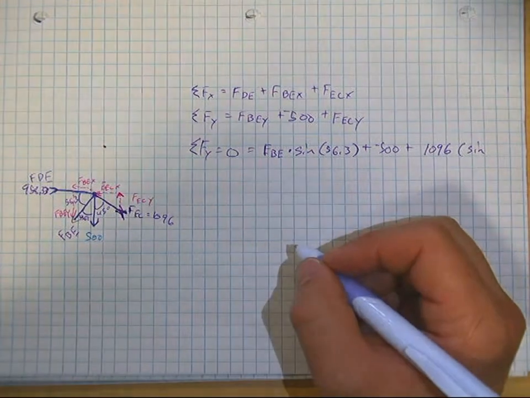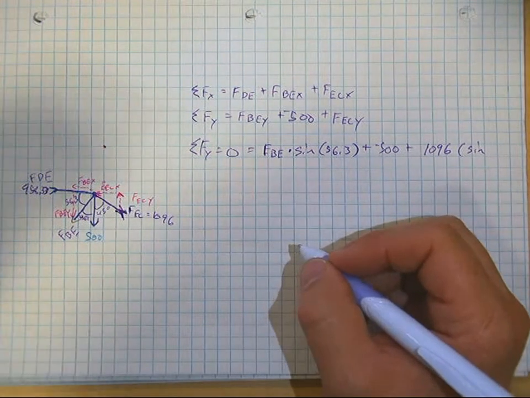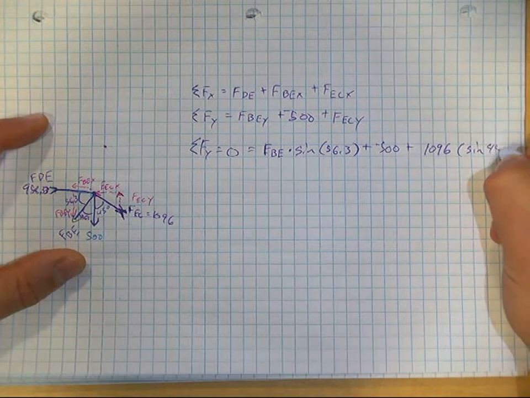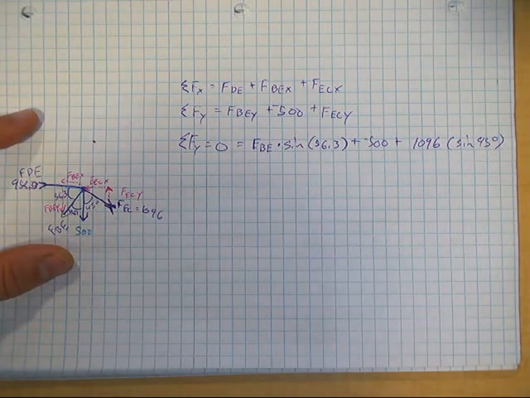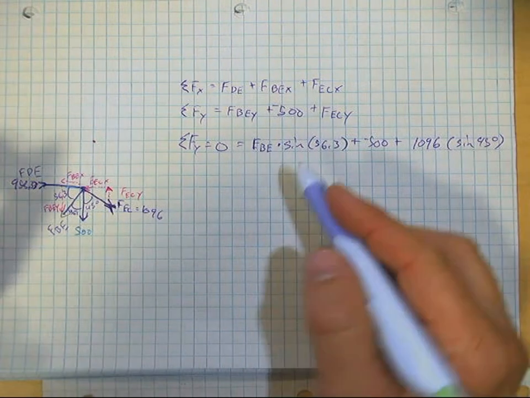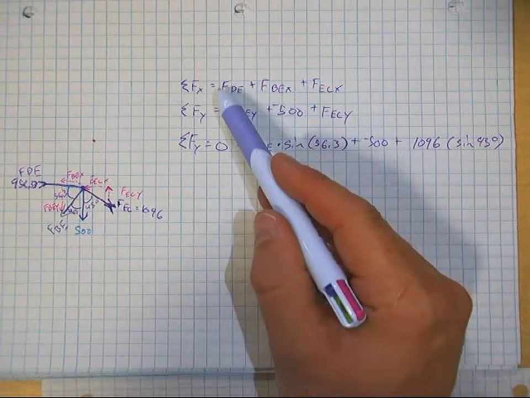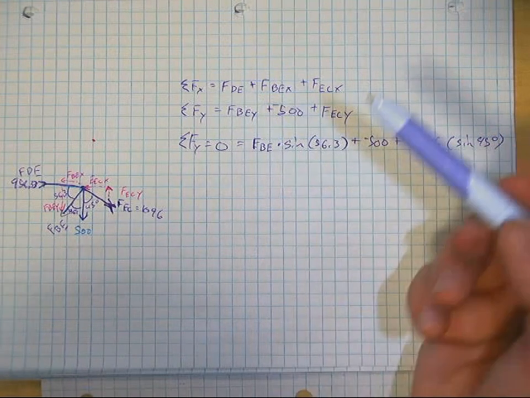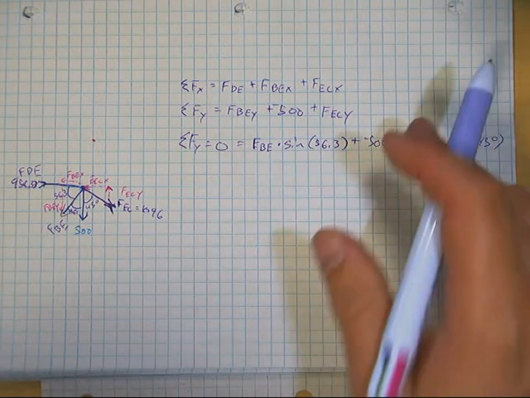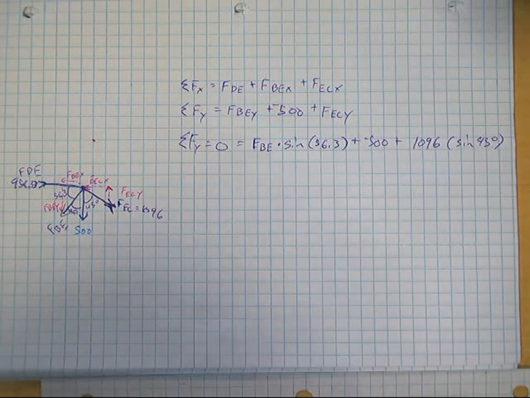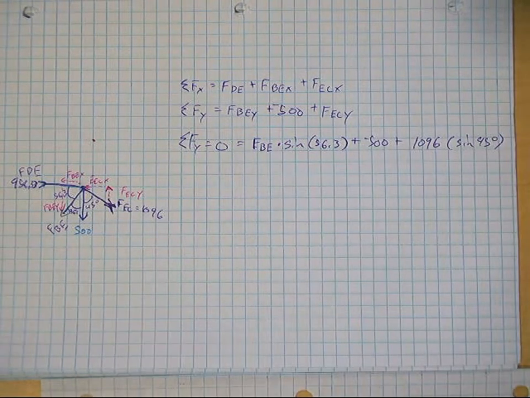So that's basically it. We aren't going to have to do the other x summation, because when we figure this out, FBE is our last unknown. This equation is going to give us FBE, our final value here.